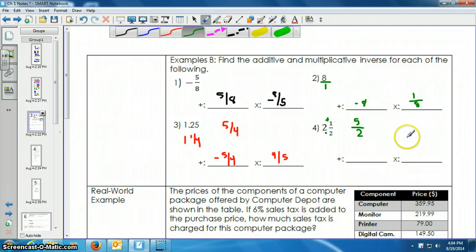I showed you the fraction button in the last video. Type in 2 1/2 and then hit the math and then enter, and it will change it to a fraction for you. So opposite would be either negative 5/2 or negative 2 1/2. And then its reciprocal is now pretty easy to just flip to get 2/5.